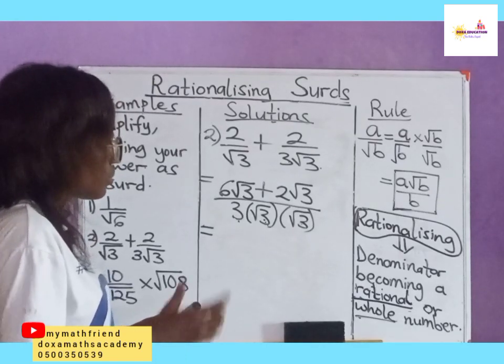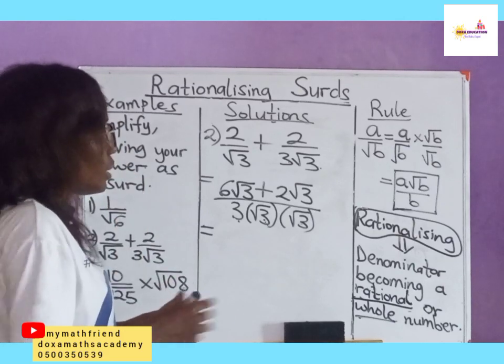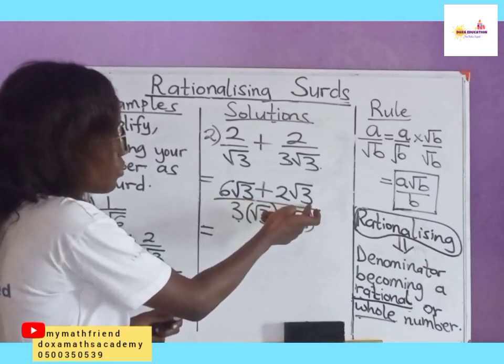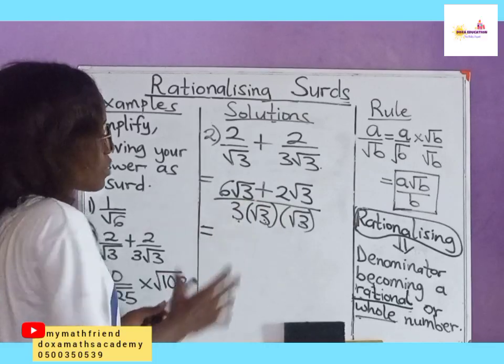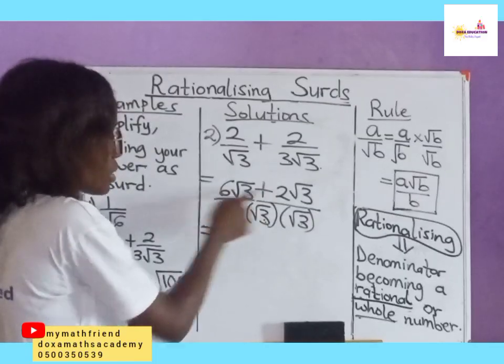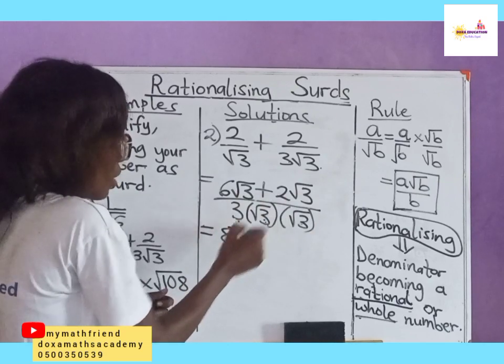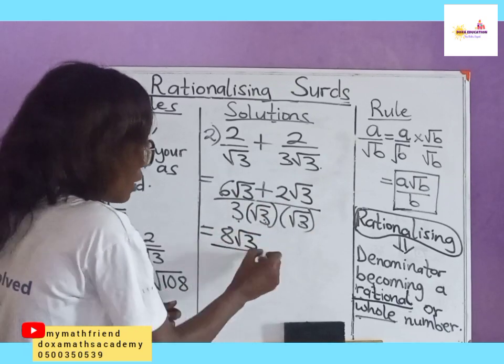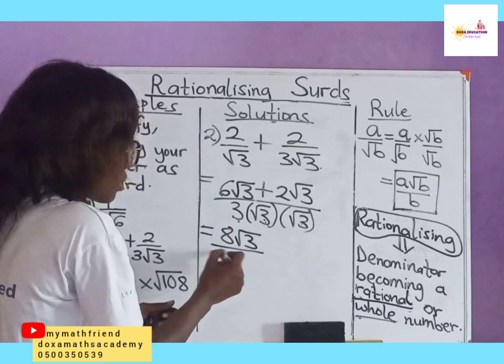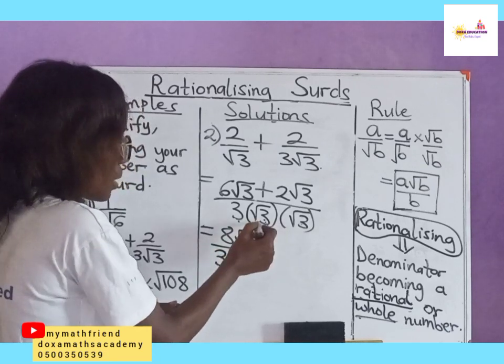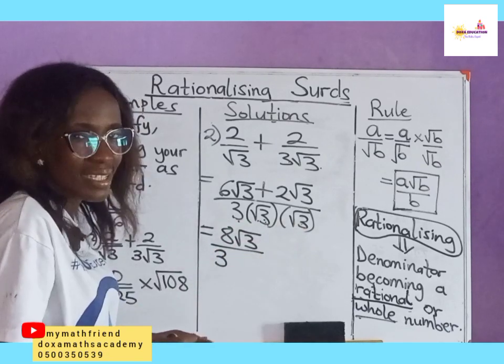What do we do from here? Now, there's root 3, there's root 3. These are like surds, so you can add them. Add the numbers outside: 6 plus 2 is 8. You pick one of the roots since they are the same, root 3, out of this, 3 times. Now root 3 times root 3 is 3.